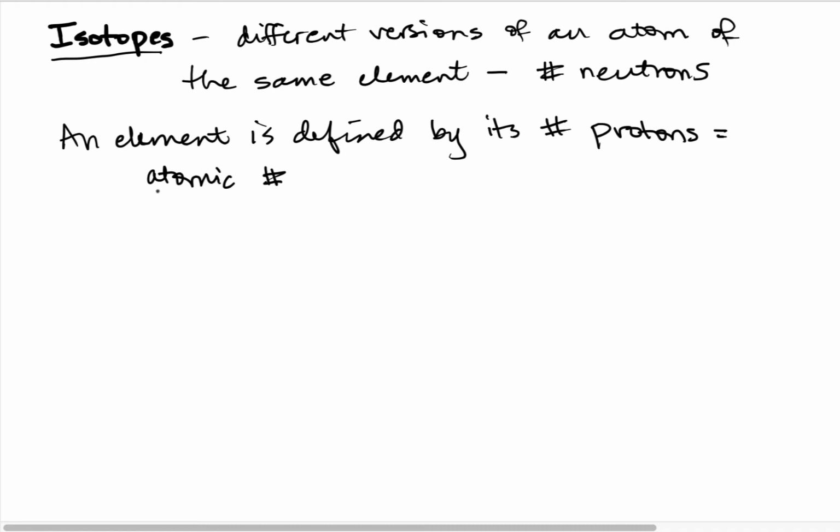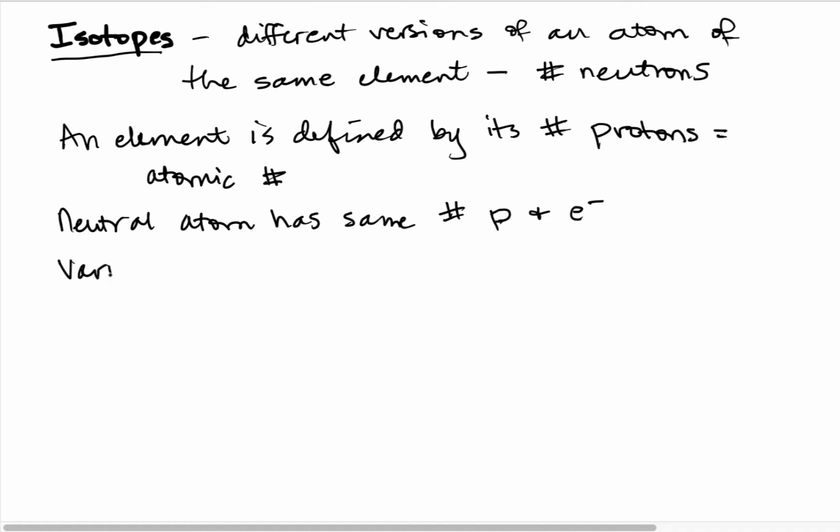So elements all have to have the same atomic number, and a neutral atom has the same number of protons and electrons, because the positive charge of the protons is equal to the negative charge on the electrons, and so in order to have no net charge, they're going to have the same number of protons and electrons. And there's a variable number of neutrons.